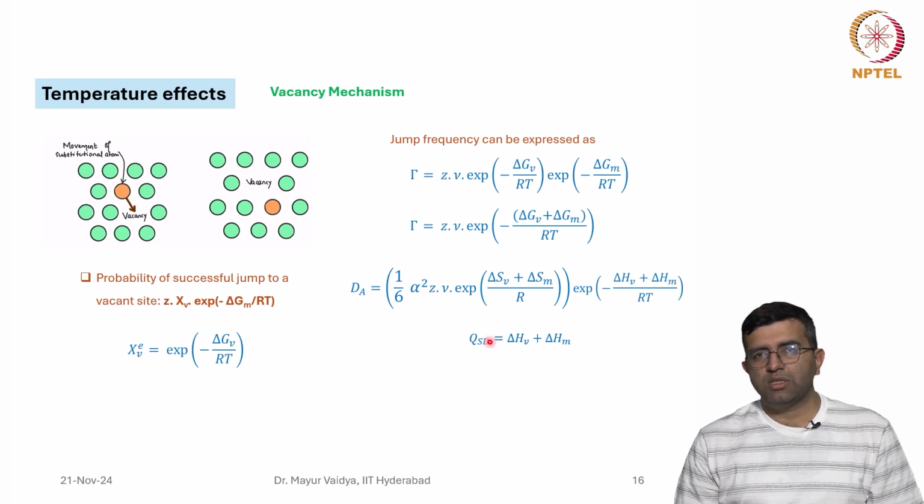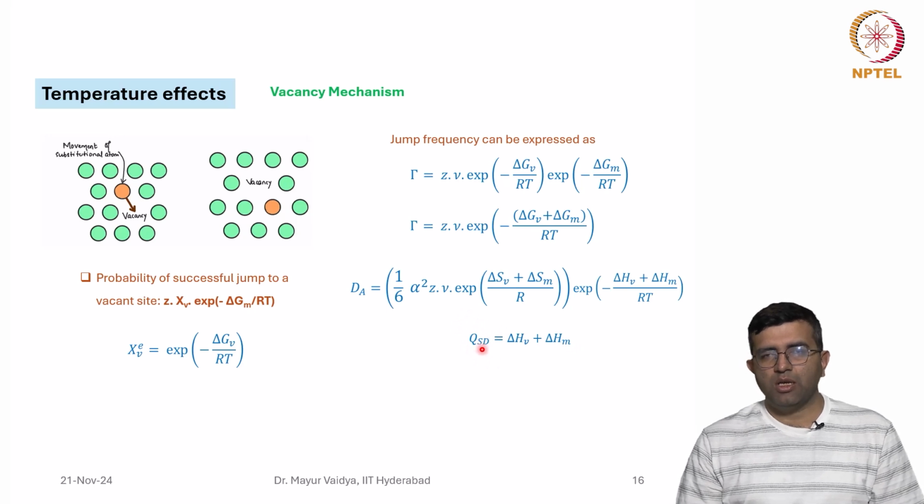SD refers to solute diffusion, substitutional diffusion, which is delta HV plus delta Hm. So this basically happens by the vacancy mechanism, for which the subscript SD is used. So this Q SD is equal to delta HV plus delta Hm.